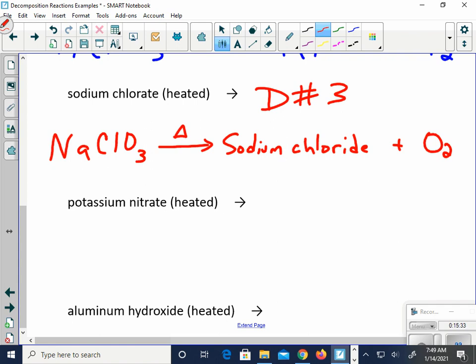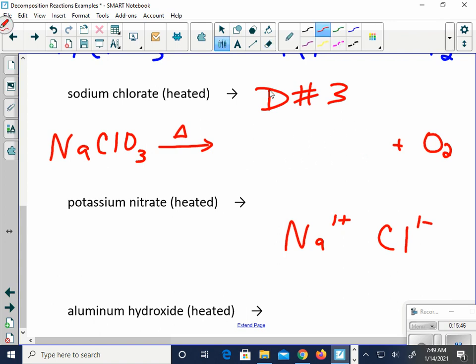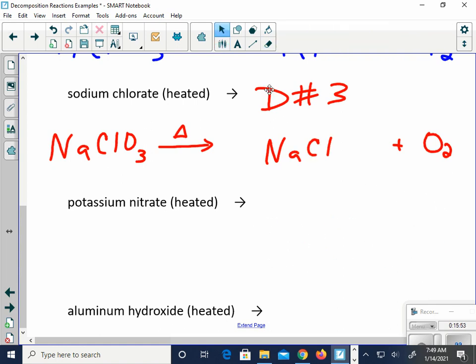So my formula for sodium is Na1 plus, chlorine is Cl1 minus. So my sodium chloride is going to be NaCl. Clean her up a little bit. Now my final thing I need to do is what, Ella? Balance. Okay? Do I need to balance here or am I okay?